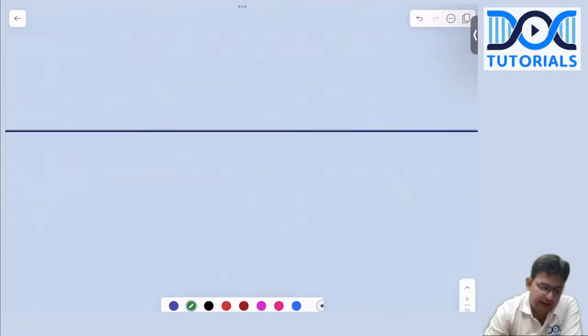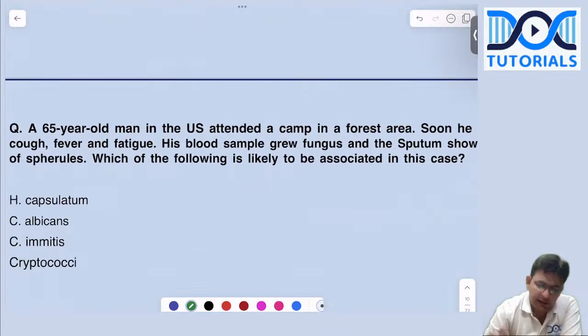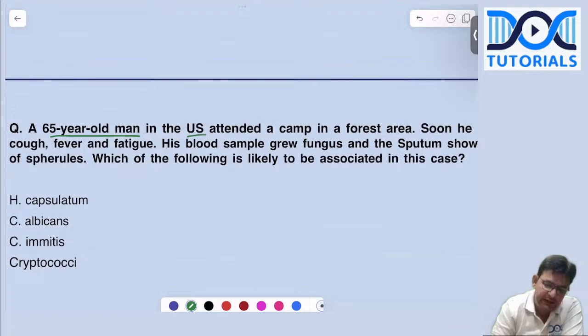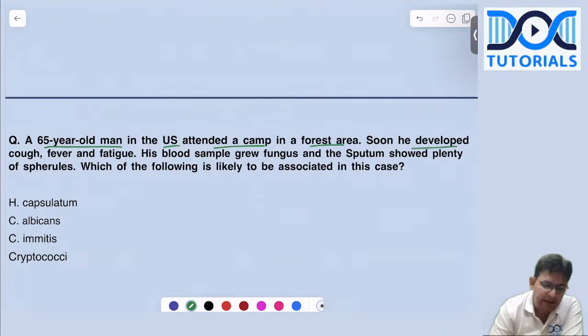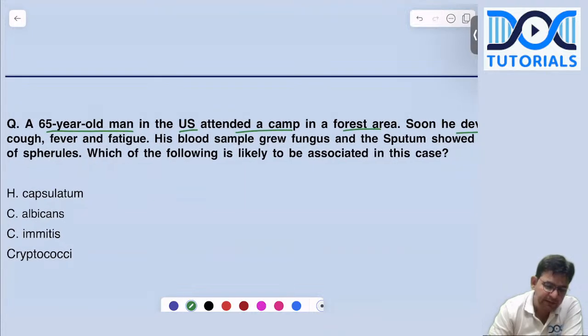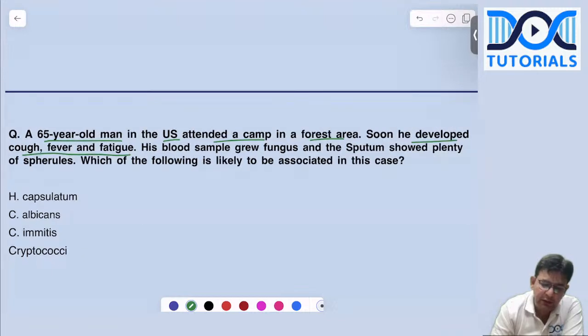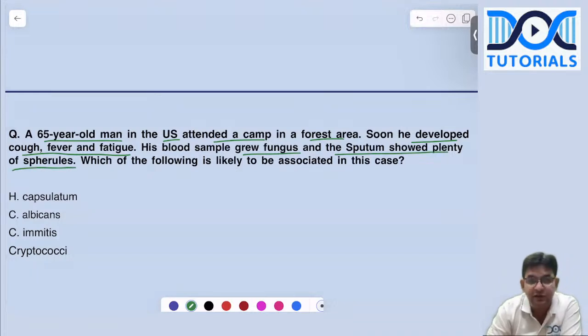Let's come to the next. A 65-year-old man in the US attended a camp in the forest area. Soon he developed cough, fever, and fatigue. His blood sample grew fungus, and the sputum shows plenty of spherules.